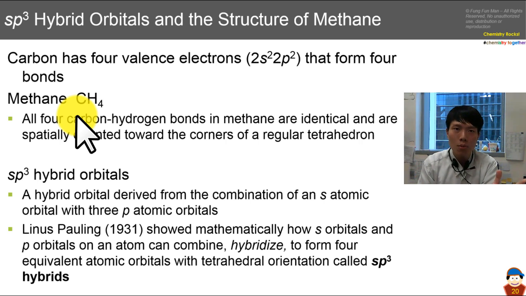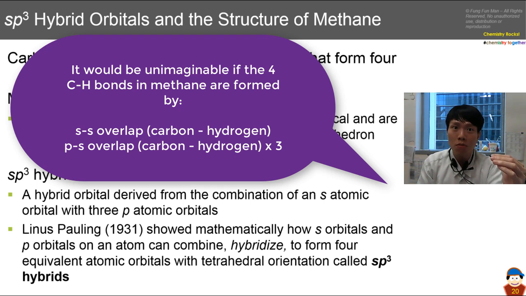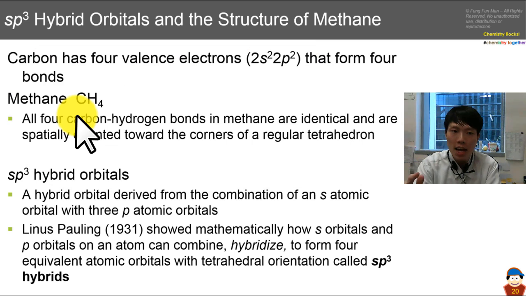So why would the carbon use its s orbital to overlap with the s orbital of hydrogen, while the other C-H bond comes from the overlap of the s orbital of hydrogen and the p orbital of carbon? It doesn't make sense. So we have to make it fair, right?